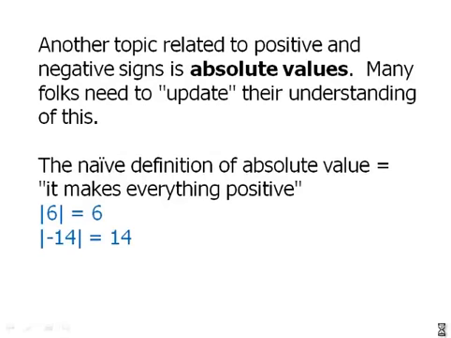Well, notice the absolute value of 0 is 0. 0 is not a positive number, so this would be one example of a number which, when we take the absolute value of it, does not become positive. So that's problem number one with the it makes everything positive way of looking at absolute value.